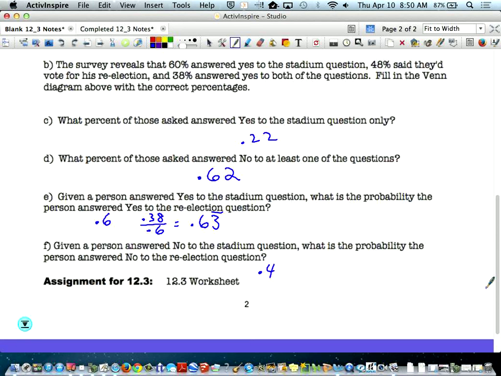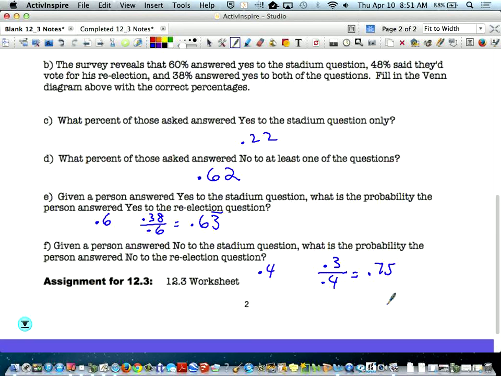And again, if I had 100 people in the survey, this would be representing 40 people. So given those 40 people, I bring them into the room. What's the probability that they are also going to say no to the re-elect? So how many said no to the re-elect? 0.3. So I can take 0.3 and divide by 0.4. Think of it as 40 people in the room, 30 out of the 40 say no. So what do you get? 0.75.